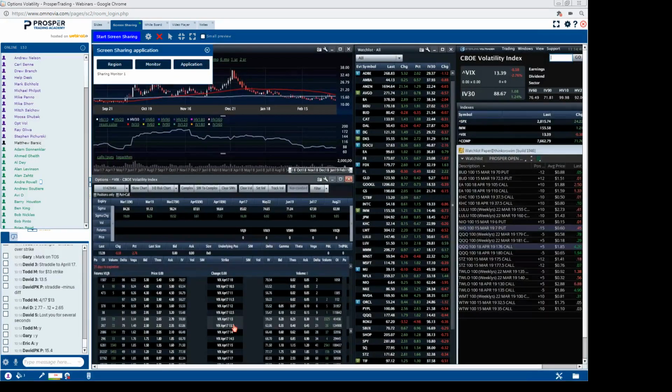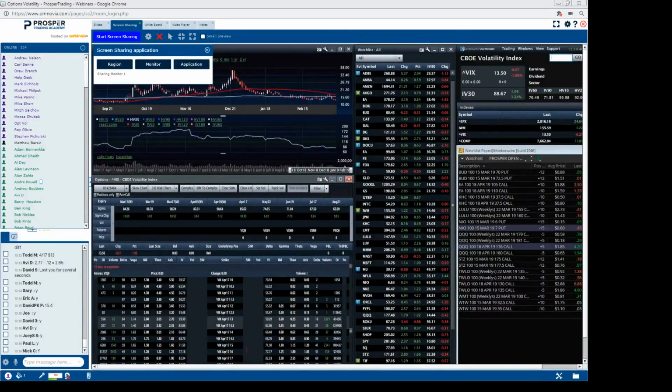Well, if we look at that 13.5 straddle right now, out April 17th, the calls are 232, the puts are 40 cents. Everybody see that? So that means that these options here for April 17th are not being based off of VIX trading 13.5.